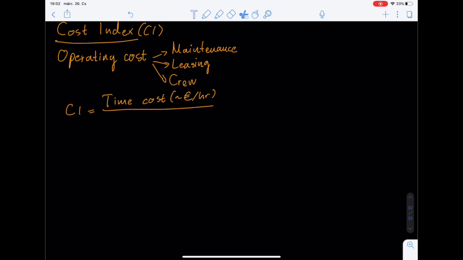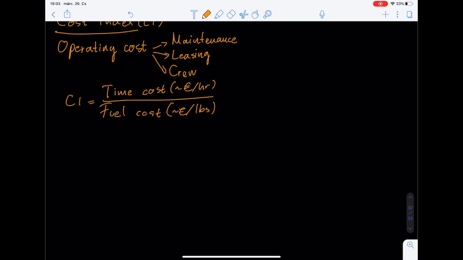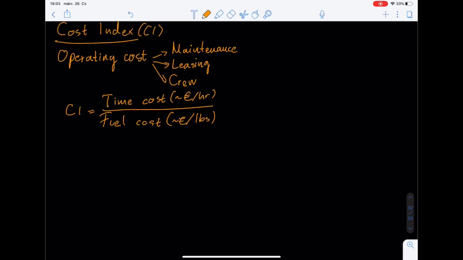And in the denominator you have the fuel cost, which can be euro per pound, right? And the denominator in this sense would only make sense if you did the fuel cost calculation with the hourly consumption.